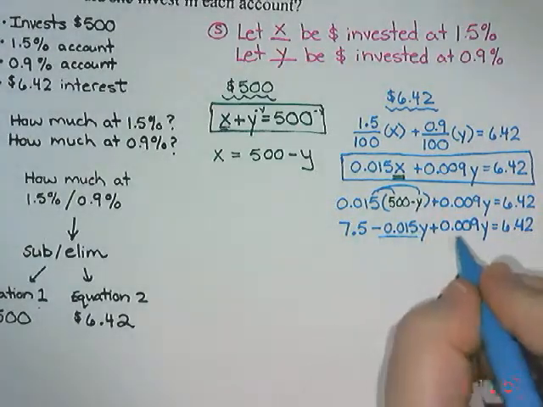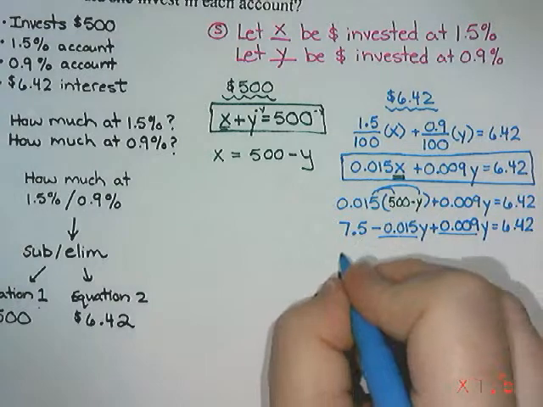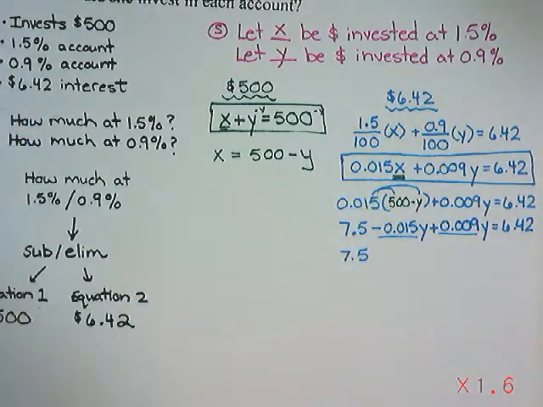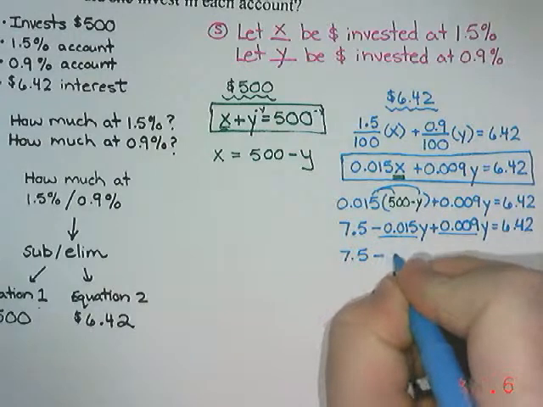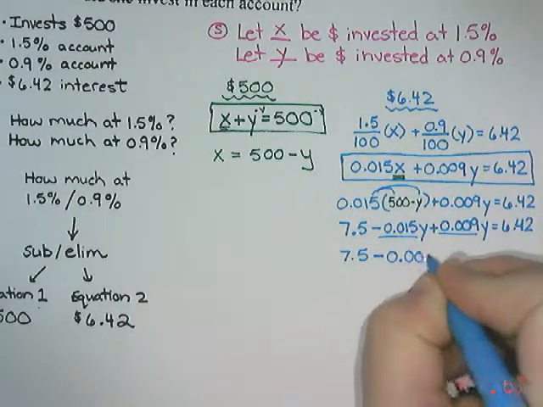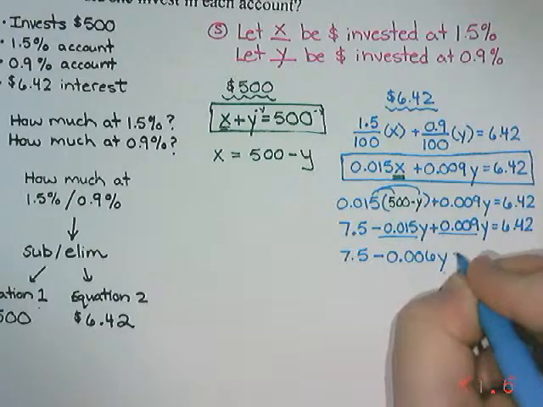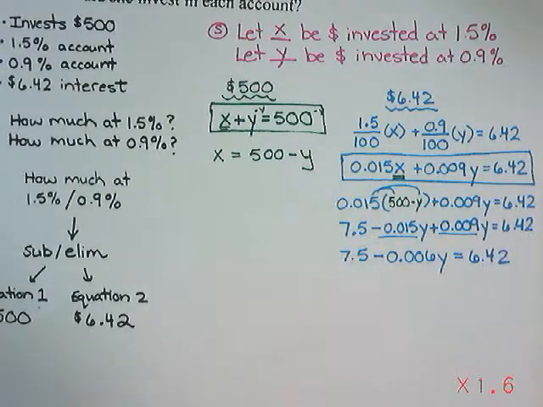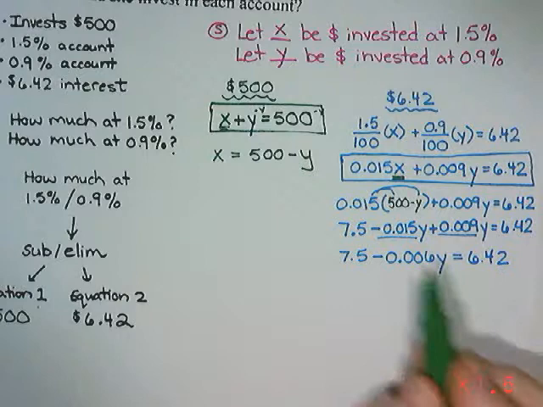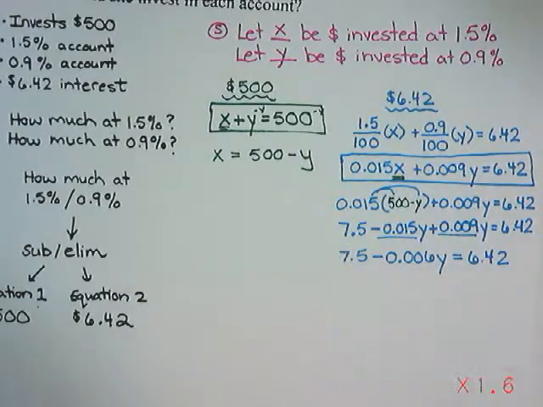So I'm going to collect up my like terms. So negative 0.015 plus 0.009 gives me negative 0.006y. And then to solve for y, I'm going to start by taking that 7.5 away, right?